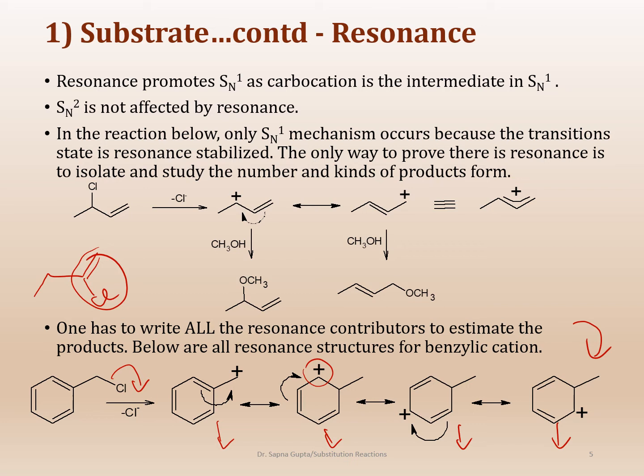Do you want those 4 products to form? And it is going to be resonance stabilized. You can't do anything about this. So similarly here also, you are going to get 2 products. Is that really what you want? So it's something to be aware of, that when you start doing these kind of reactions, these are the things that can happen.